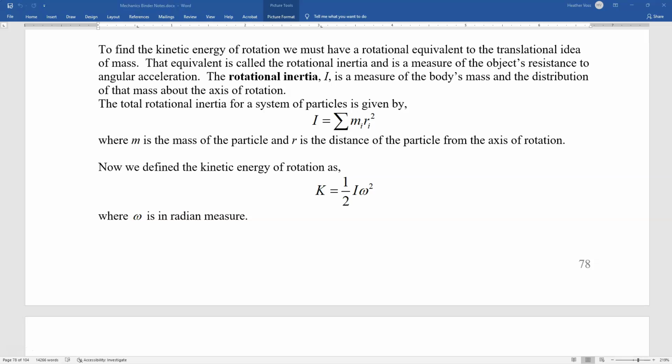So one of the things that we need to really consider is that when we are looking linearly, the way that we move is based upon our mass. Our mass is our resistance to our change of motion. So, Newton's second law, F equals ma, your acceleration is determined by the force applied and how much mass you have.